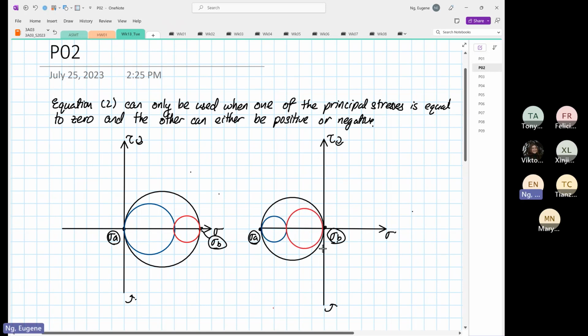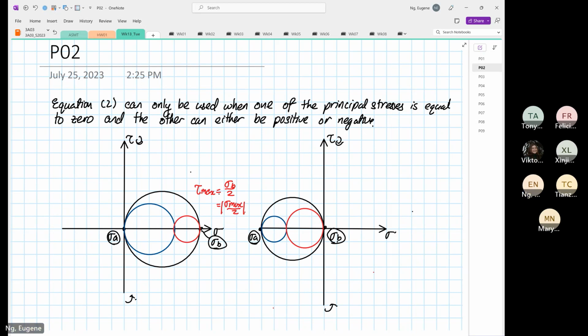So the main point is this: make sure that the circle you analyze, or the element you analyze, that plane generates the circle with the biggest diameter. Then when this is the condition, you can apply, for the left hand side, tau max is equal to stress B divided by 2, which is equal to your absolute value stress max divided by 2.